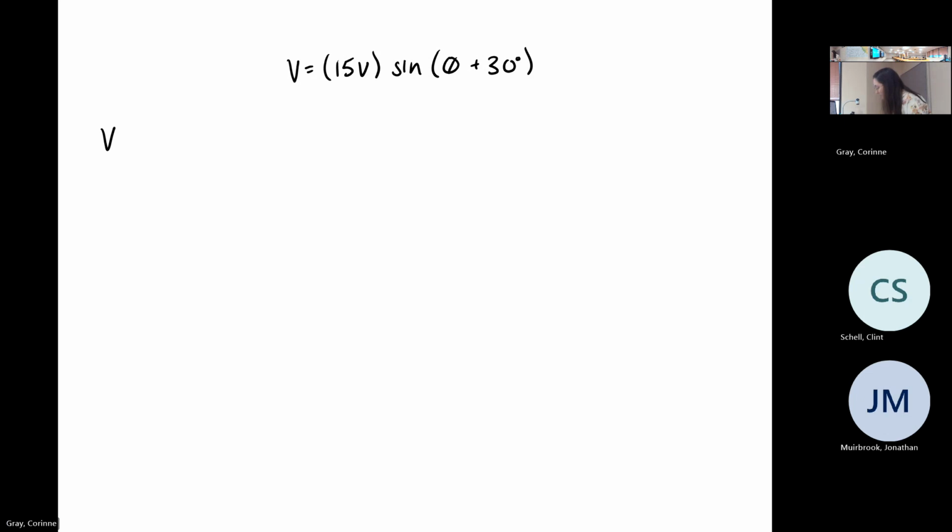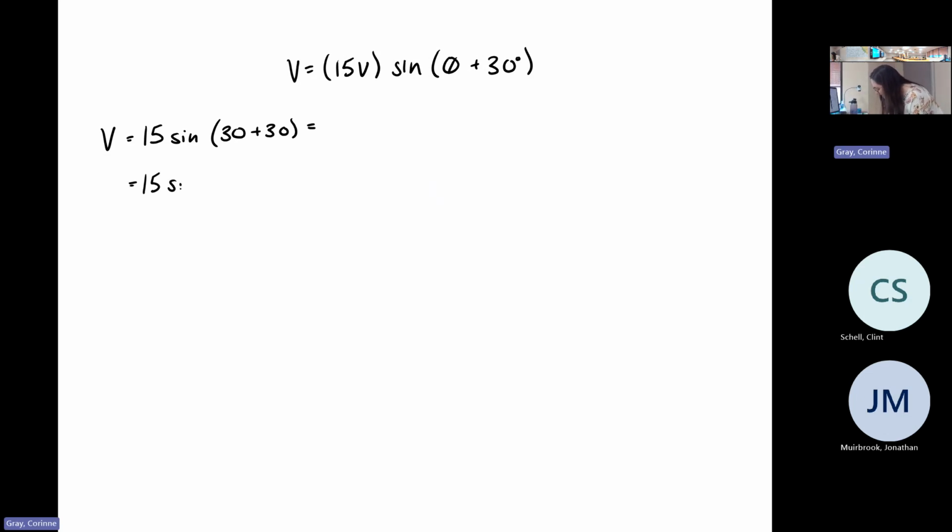So for the sake of argument, you know this is going to be 15 volts. Because I have to write this a bunch of different times, I'm going to drop indicating it's a voltage in our equation. We're going to have 15 sine 30 plus 30.